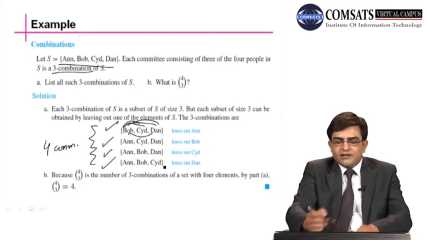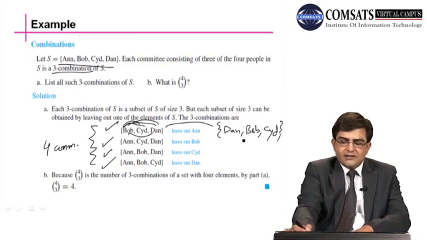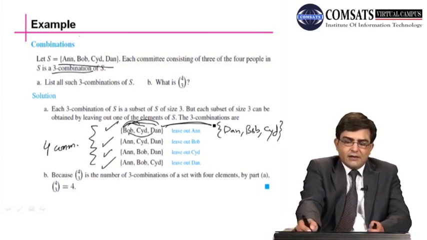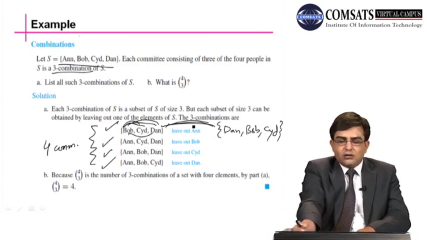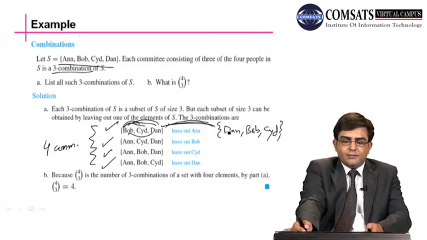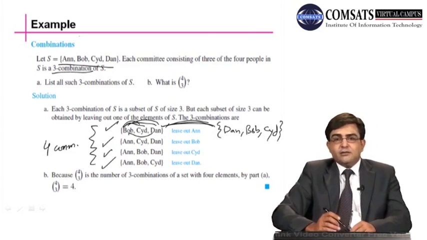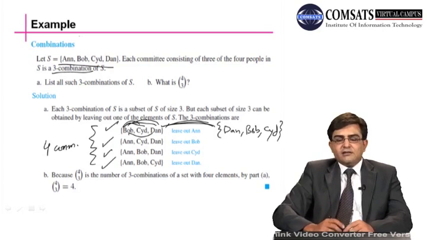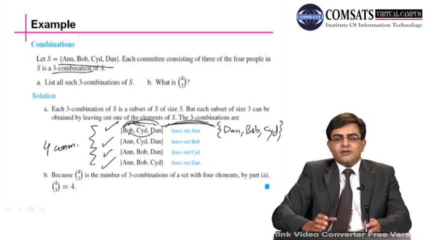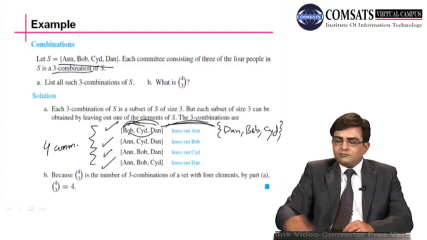For example, the set Dan, Bob, Sid is equivalent to, the same as, this set where we have changed the order, putting Dan at the first position, Bob at the second, and Sid at the third position. Now in combination the order is not important, that's why this is called unordered selection.